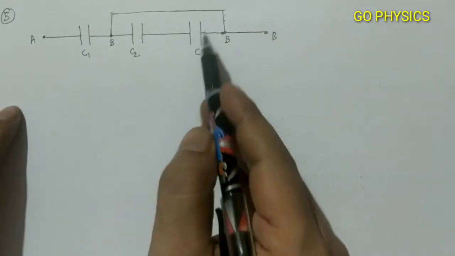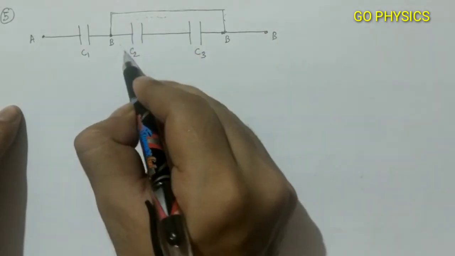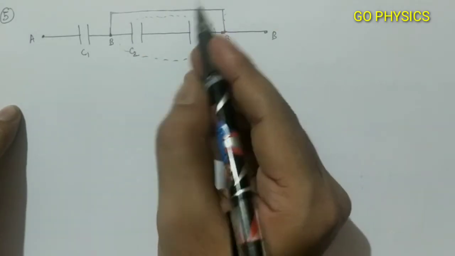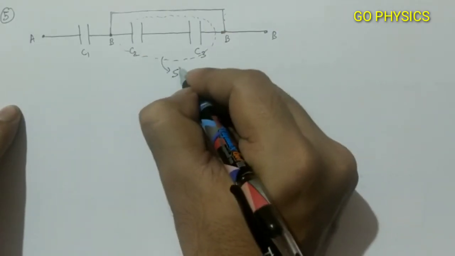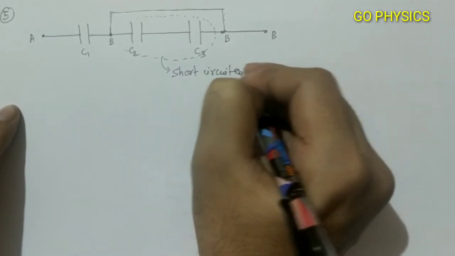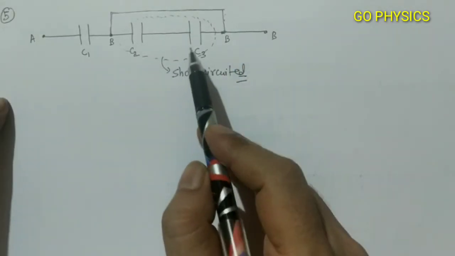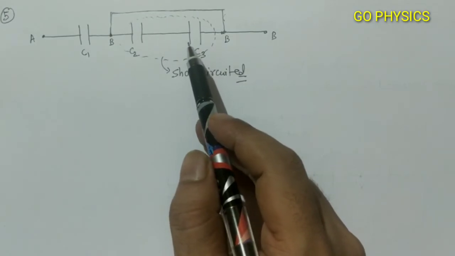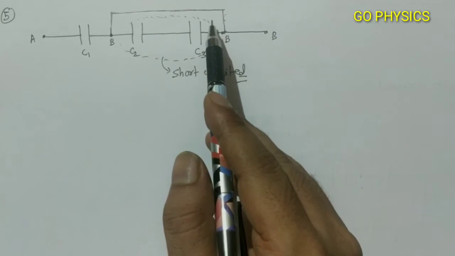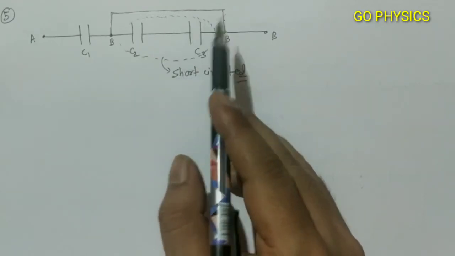It means that this part of the circuit is short circuited. This is a short circuit. There can be more than one capacitor in the circuit which is short circuited. It is not necessary that there will be only one capacitor, as we have seen till example number 4.